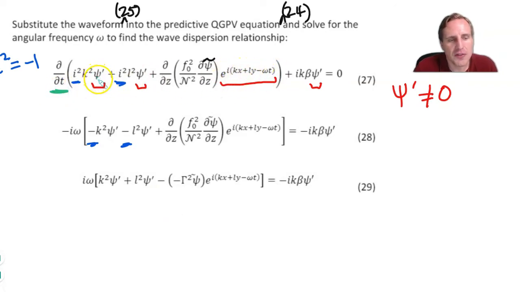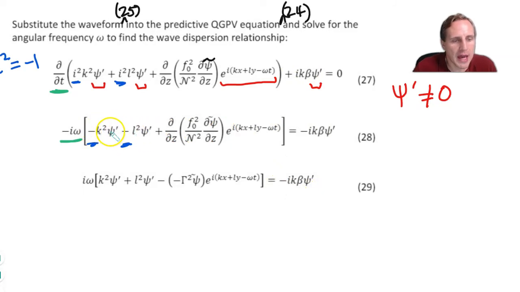Since each of these is a psi prime, the time derivative of, say, something like this makes a minus I omega pop out, just out front. Hopefully you see that. The complex exponential remains the same. Notice we could also move the beta term to the other side of the equation.